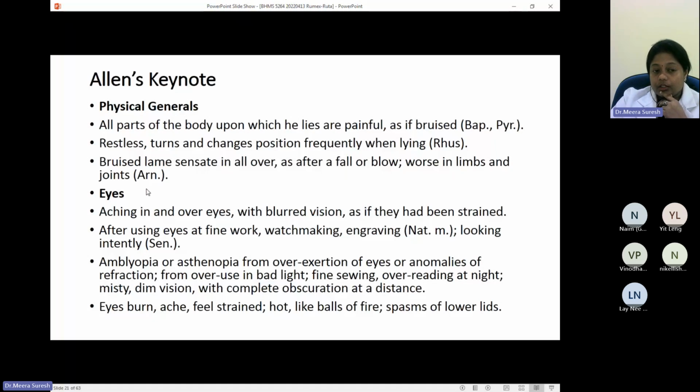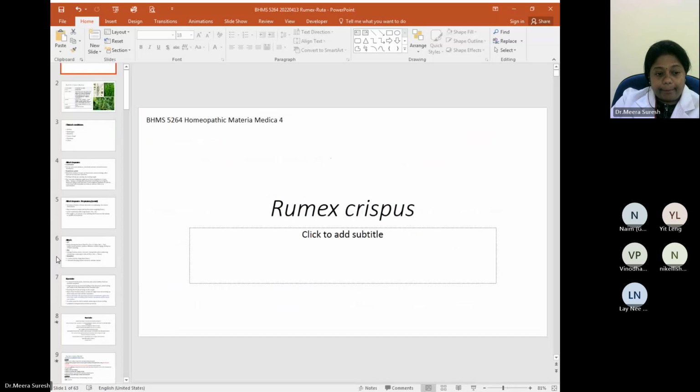And similar to arnica, there will be a sore, lame sensation all over the body as after a fall or blow, worse in the limbs and also joints. So that sore, lame, bruised sensation is very characteristic.